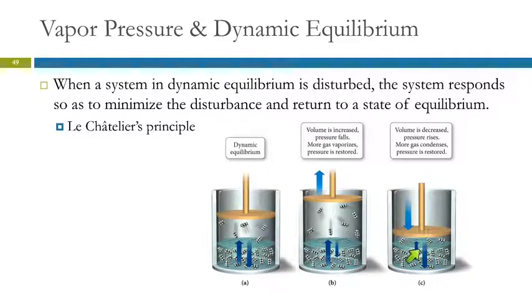If we decrease the volume, we concentrate, we push these gas molecules together, that's going to increase the rate of condensation, while the rate of evaporation continues to be the same. And eventually those rates are going to become the same, and you're going to end up with the same vapor pressure. That make sense?